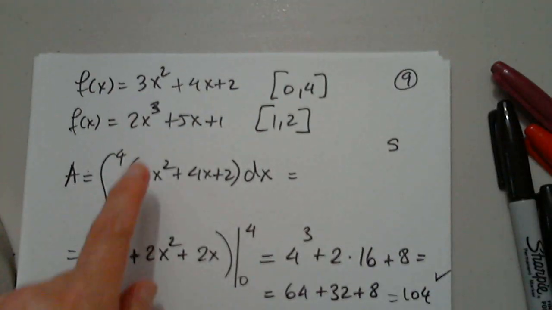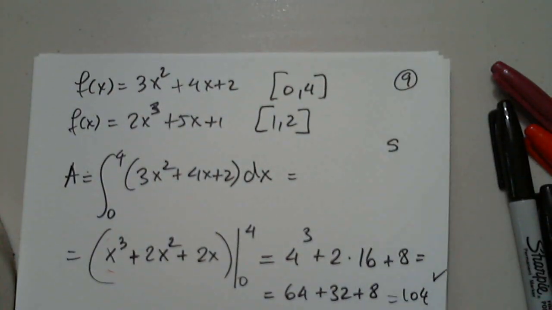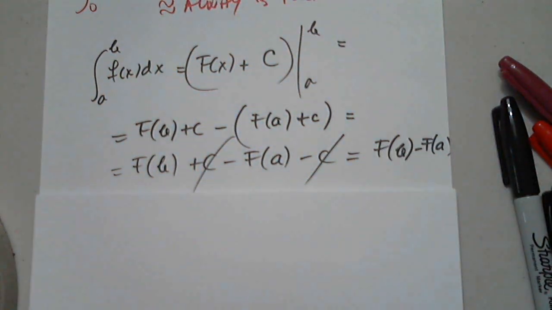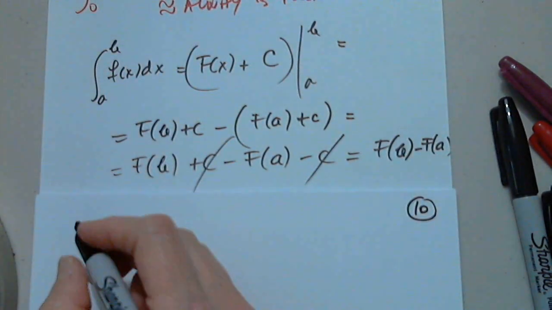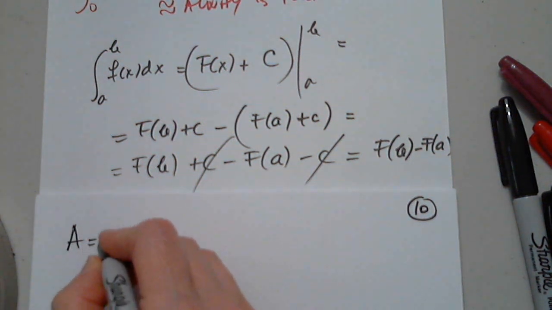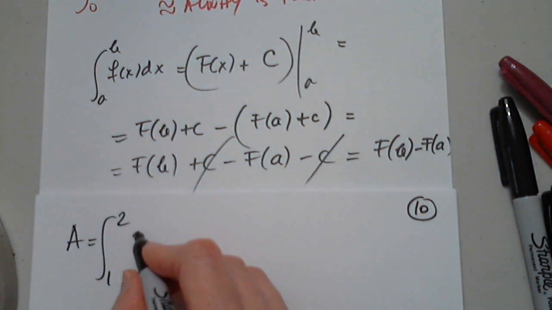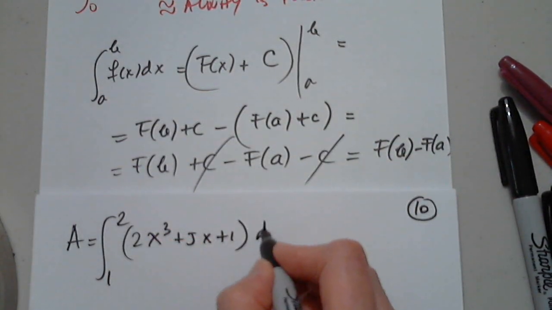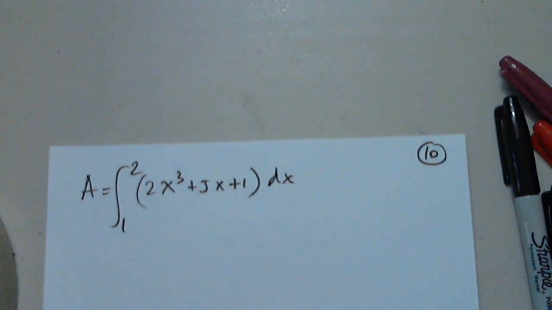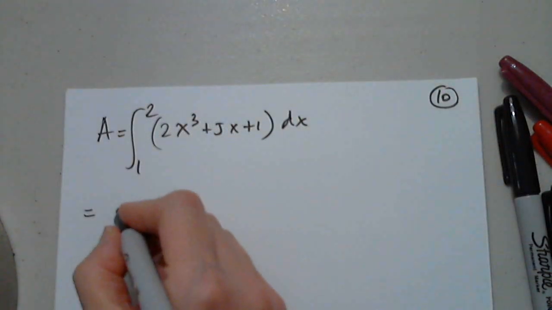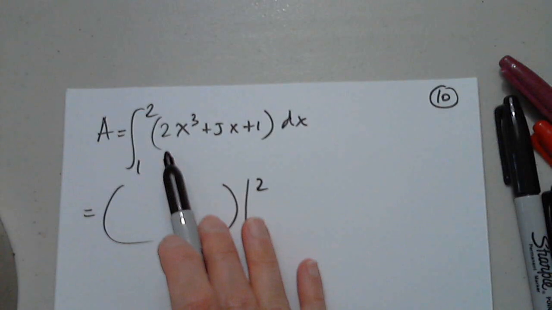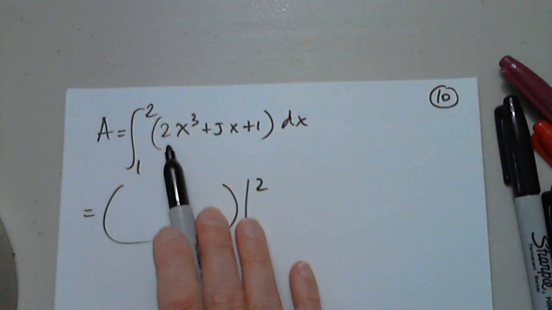Okay, so now let's check the last one that we worked on. So we're on page 10, and we had the integral from 1 to 2, you said, of 2x cubed plus 5x plus 1 dx. Okay, perfect. So can anyone give us which function prime is 2x cubed?